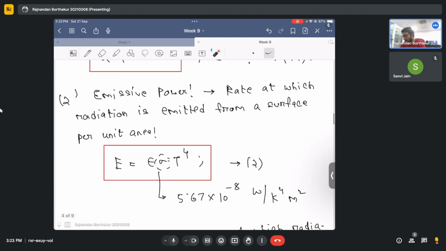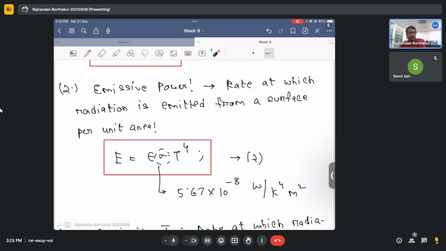The second thing is something which we call the emissive power, which we say that on account of its own temperature, a body emits radiation, and this radiation is quantitatively given by E, which from the Stefan-Boltzmann law is the emissivity times the Stefan-Boltzmann constant times the fourth power of its temperature.